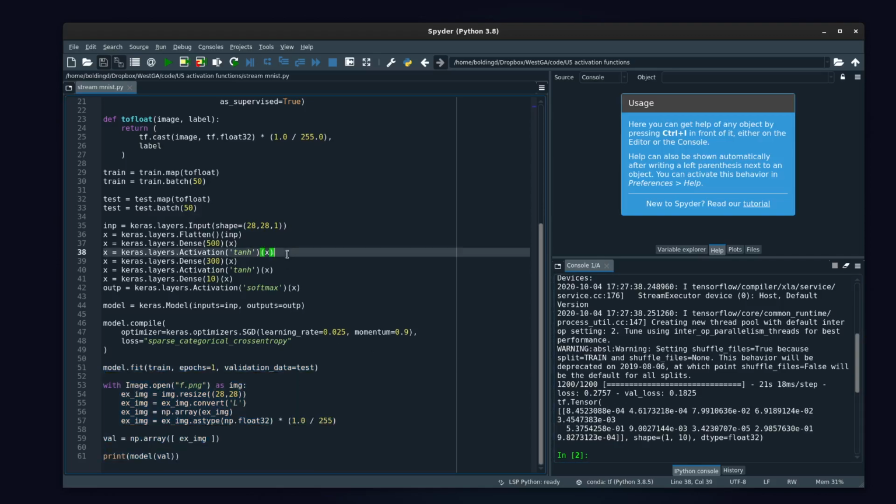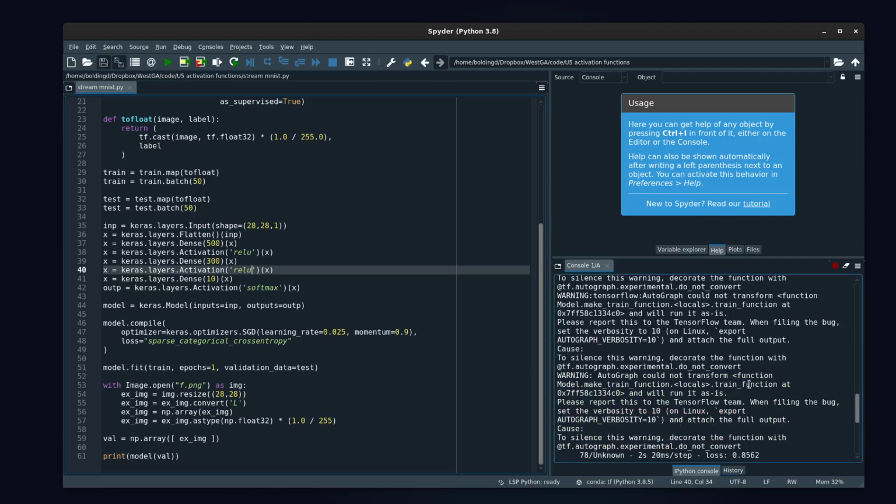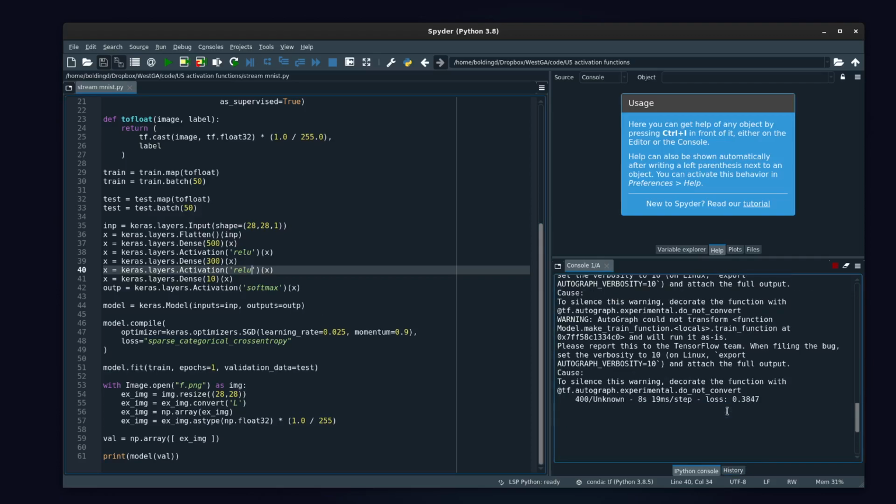So if we want to switch from tanh to ReLU, all we have to do is change this. That's it. Right? And it's running.